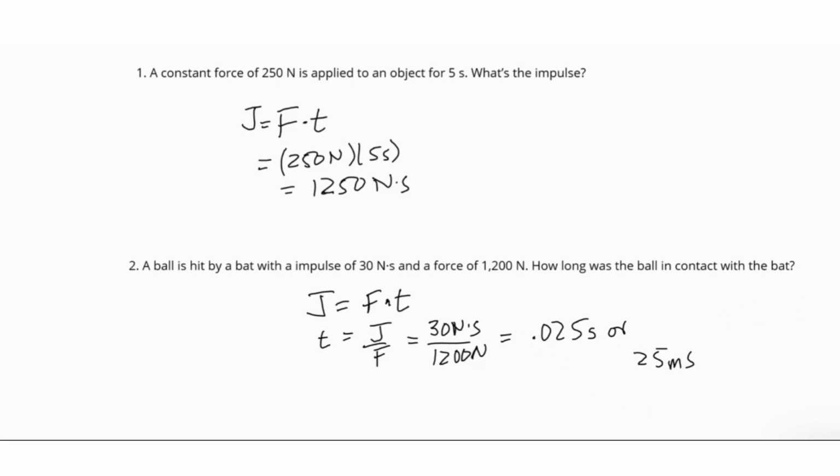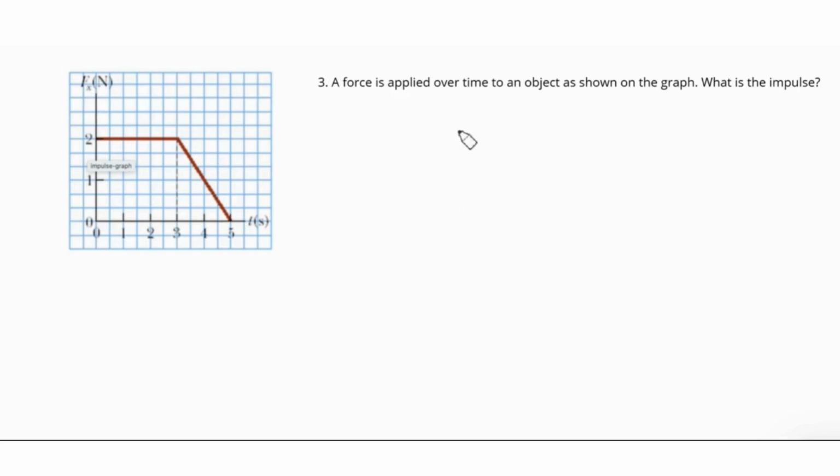Next case, a force is applied over a period of time to an object shown on the graph. What is the impulse? Again, the impulse is going to be the area under this graph. If I were to find the area of this rectangle right here, it's 2 by 3, or 6 Newton seconds.